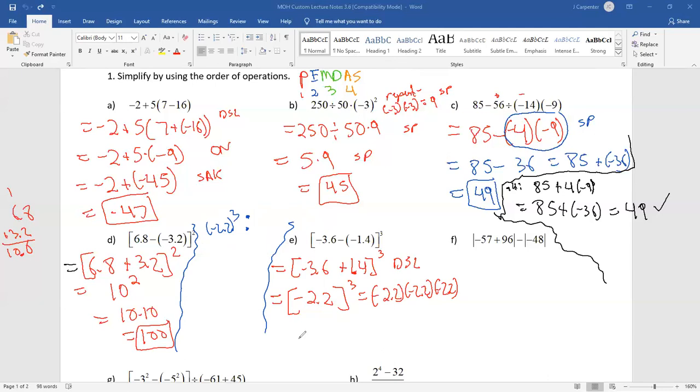Well, first of all, this whole thing is going to be negative because there's 1, 2, 3 negatives. That's odd, so a negative answer. So now I'm just going to focus on the 2.2 times 2.2 times 2.2. Well, 2.2 times 2.2. Remember, we're ignoring the decimals. It's just doing 22 times 22.